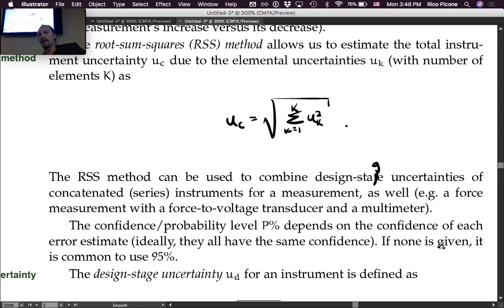And this is a method that they recommend, and it really only is valid because it seems to work okay. I don't know of any theoretical derivation of why this works okay, but it does seem to work okay.